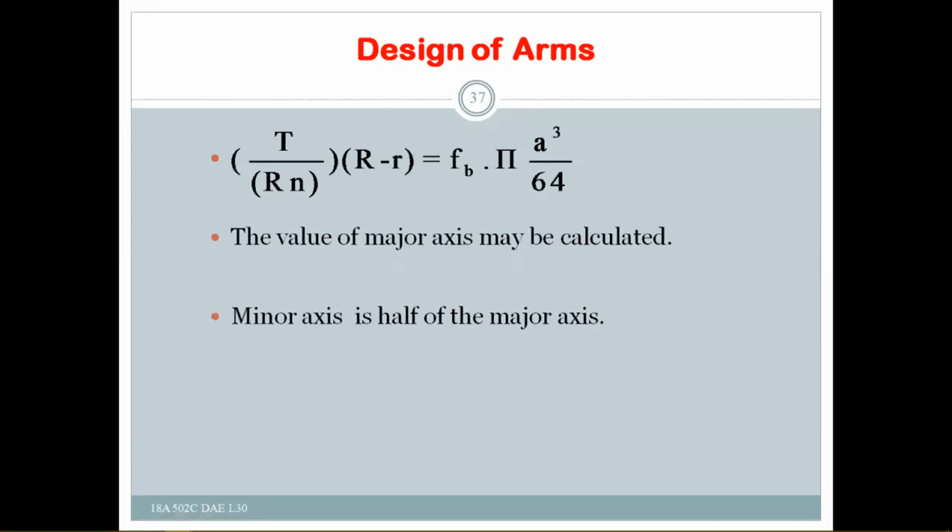So far in this lesson we have discussed what a flywheel is, the function of the flywheel, and the applications of the flywheel. Some terminology we have completed, that is the coefficient of fluctuation of speed and the coefficient of fluctuation of energy. Along with this, we have completed the kinetic energy stored in the flywheel, the turning moment diagram, and the design of the flywheel.